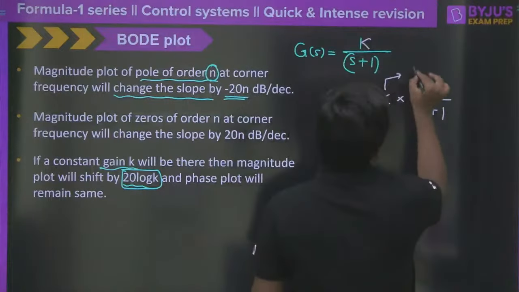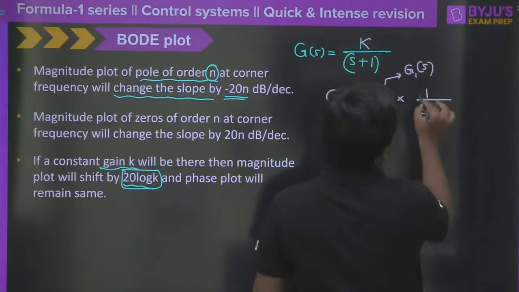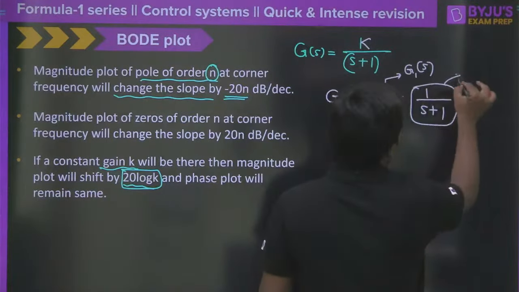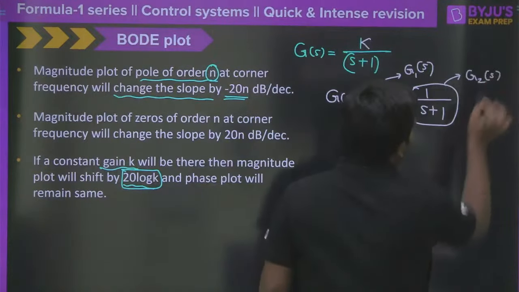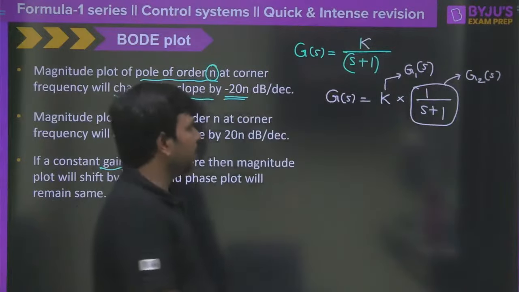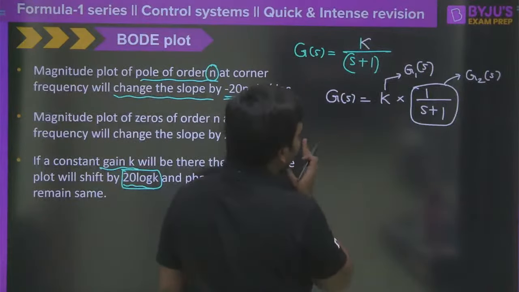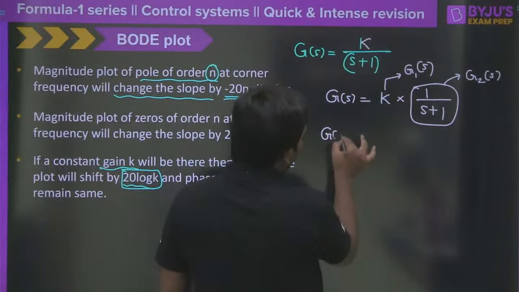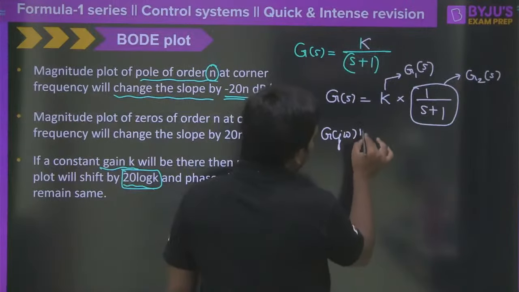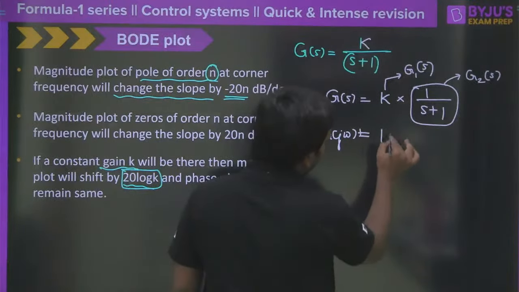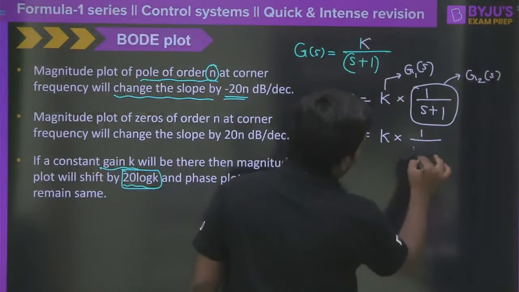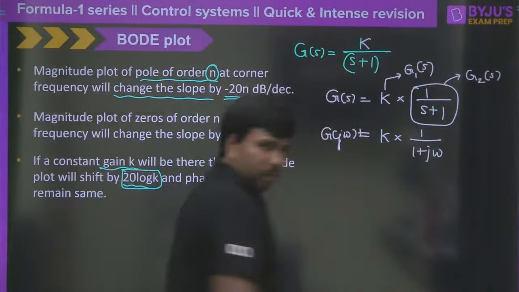Let me call this k as G1(s), and this 1/(s+1) as G2(s). Clear? So if I substitute s = jω here, then G(jω) will become k into 1/(1+jω), correct?